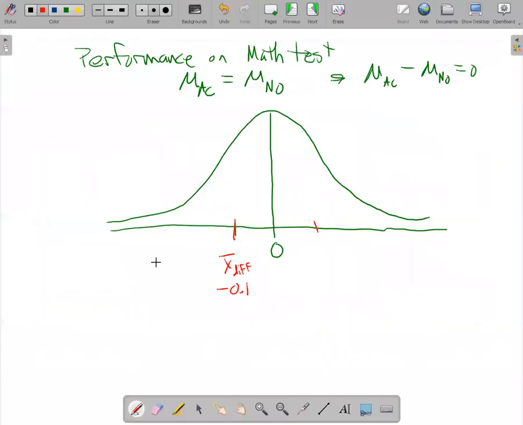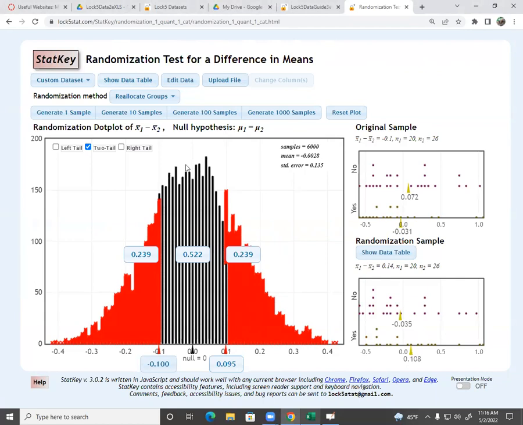So I'm just going to call this one about 0.1. And then I do my shading, left tail, shading for the right tail, because this is a two-tail test. And StatKey gave me on this side, what was it, 239? 0.239, yep.